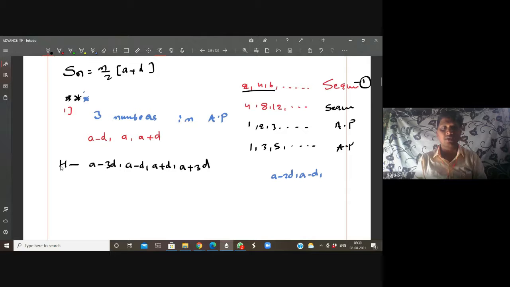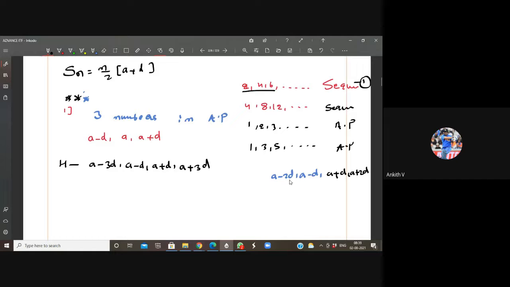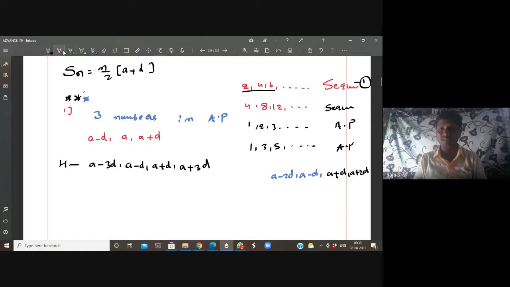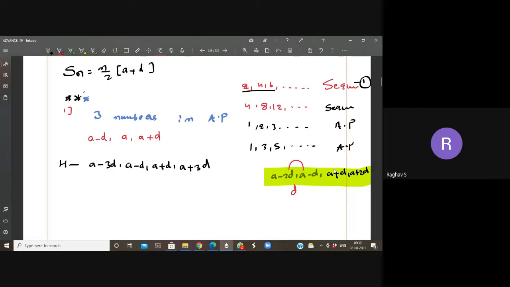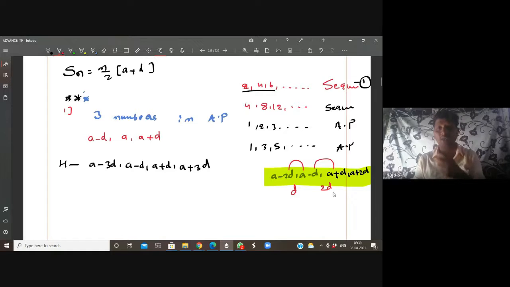You may get doubts: if it is four numbers, why don't we take A minus 2D, A minus D, A plus D, A plus 2D? What will happen here? Is it in AP actually? It is not in AP. Observe here, the difference between A minus D and A plus D is 2D, while the remaining differences are D. So it is not in AP.